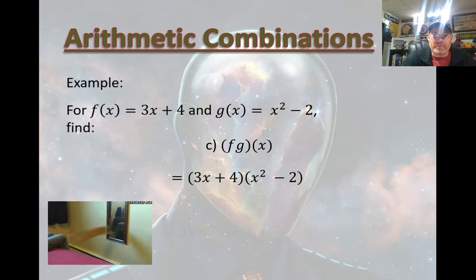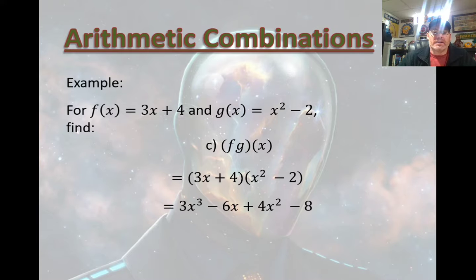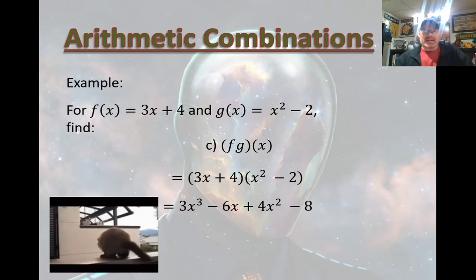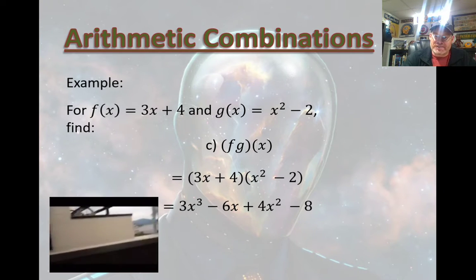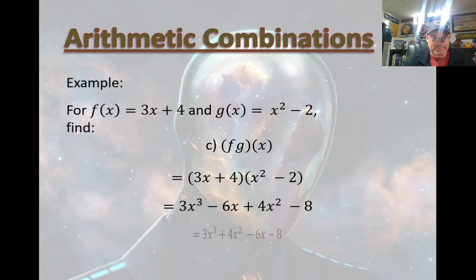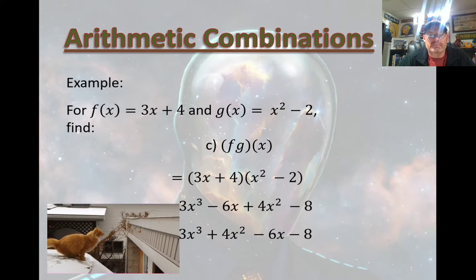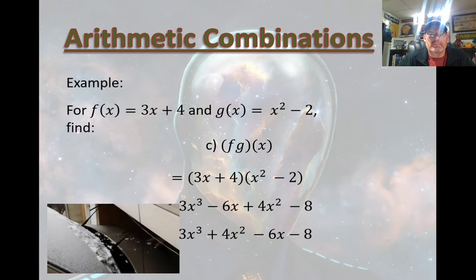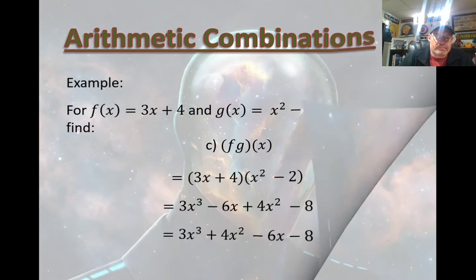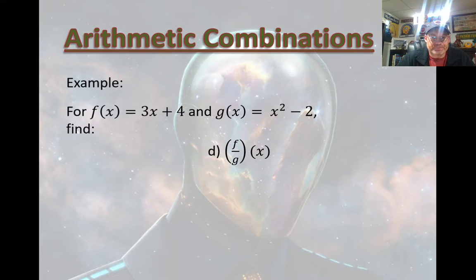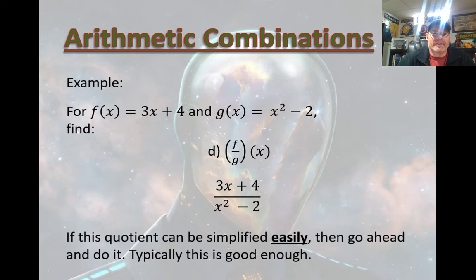All right, so distribute those. Simplify if need be, and in this case we want to get our powers in descending order because that's standard form. So there we go. And the next one is division. Okay, now when you get that right there, if it can be simplified easily, then go ahead and do it.